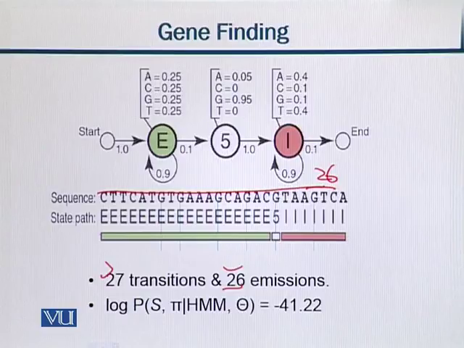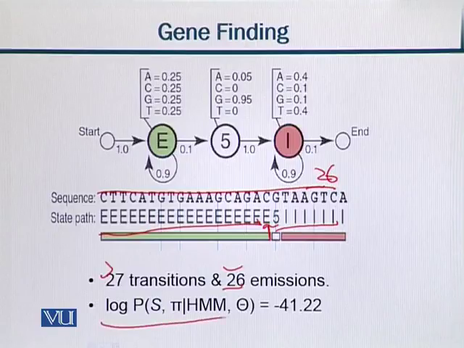So what I have shown here is one state path for this data: these are exons up till here, then we have the splice site, and then we have introns. Based on this, we have calculated log of P, which comes out to minus 41.22. What we are doing is multiplying all the 27 transition probabilities for these states and the 26 emission probabilities, and then we take the log of that.